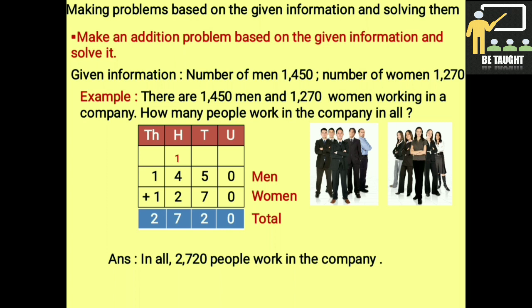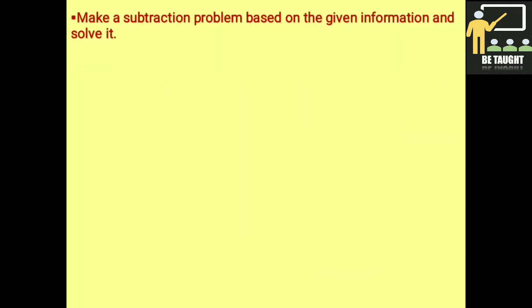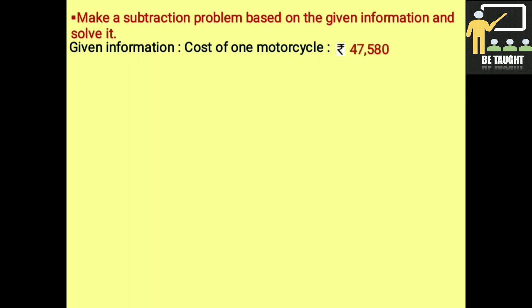We'll see one more sum of subtraction. Make a subtraction problem based on the given information and solve it. So the given information is cost of one motorcycle is rupees 47,580 and the cost of another motorcycle is rupees 50,240.